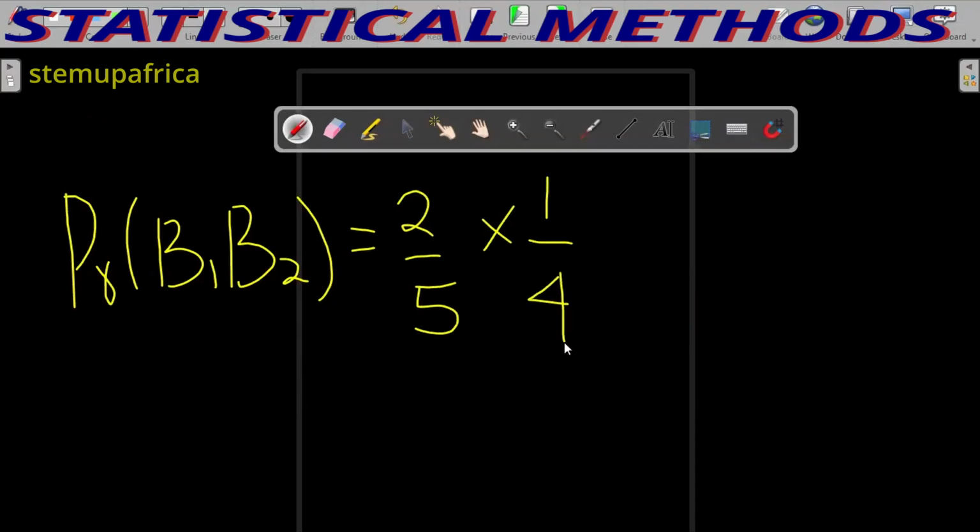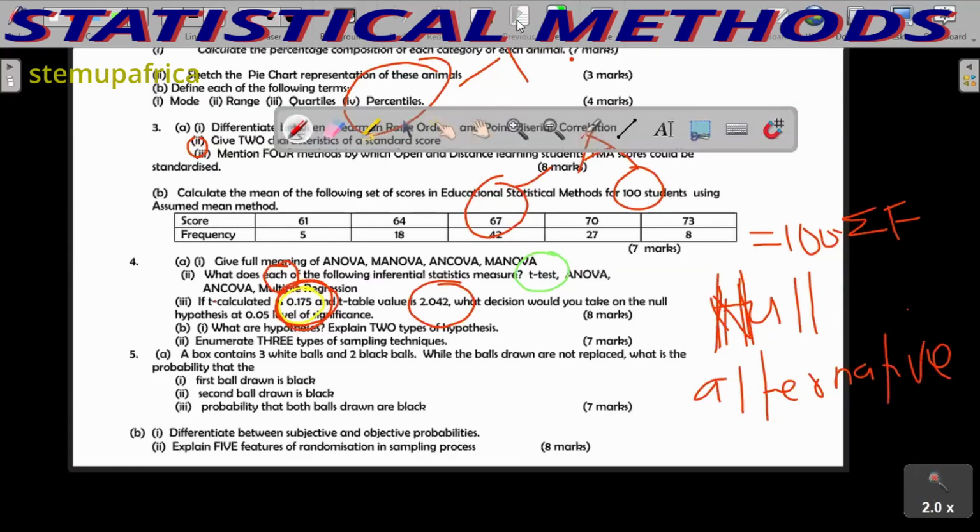I take the first ball, which is black, 2 over 5. The number of black balls is reduced to 1, and the total number of balls is reduced to 4. So the probability of the second one will be 1 over 4. So 2 here is 1, 2 here is 2. Our answer is now 1 over 10. That is the solution to the question.